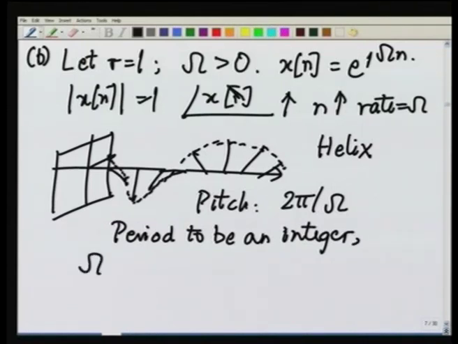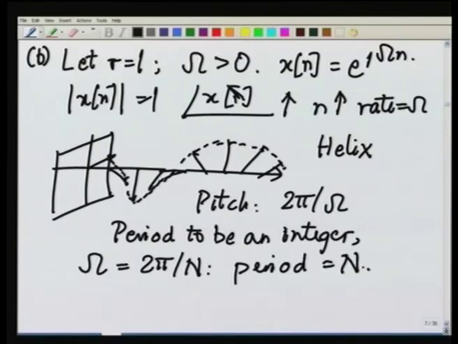Omega has to be a rational multiple of pi, of the sort 2 pi by N. Only when this is satisfied does the pitch or the period come out to be capital N.